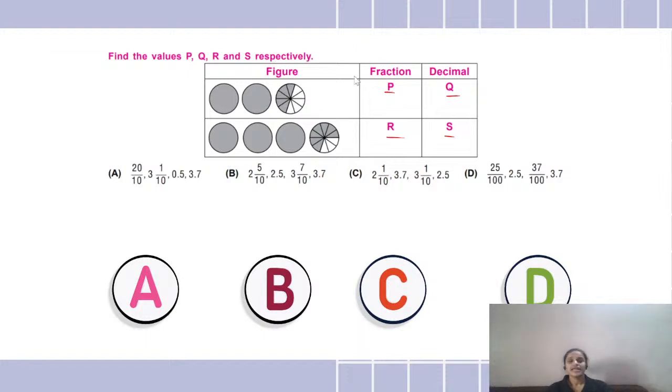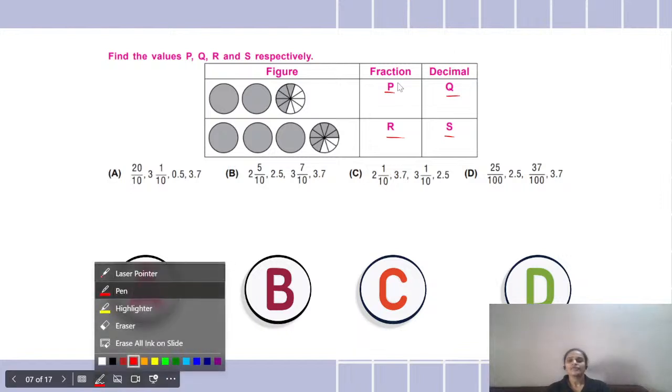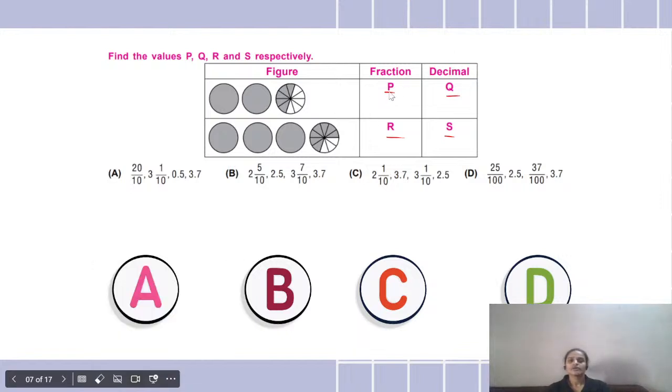Okay, let's try solving this. Let's start solving this. So the first figure is what? I have two whole circles, one, two.